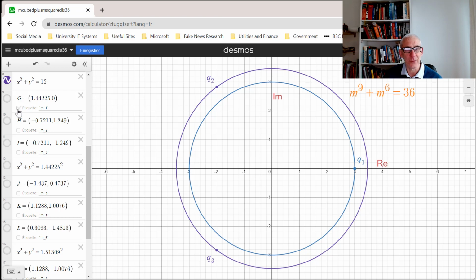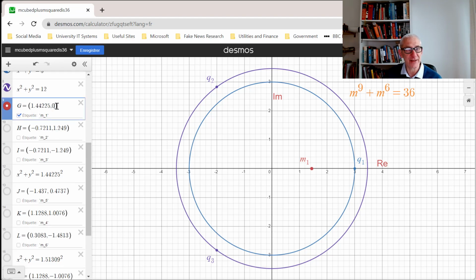First of all, M1 is the cube root of Q1 here at 3. So that's the cube root of 3, 1.44225. It's real. It has no imaginary component up here. And then we apply that formula and we can start to place all of the other roots for this particular problem. There are 3 more roots. They are all of the roots of Q1 and they have their own circle.